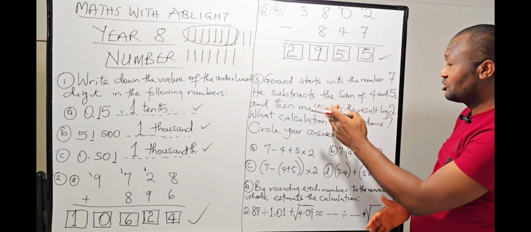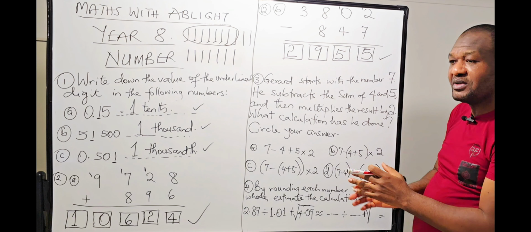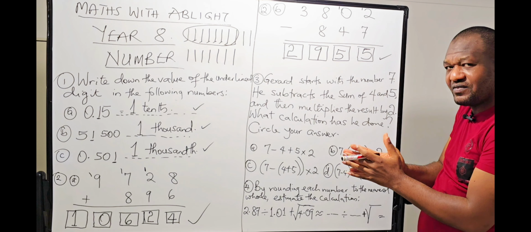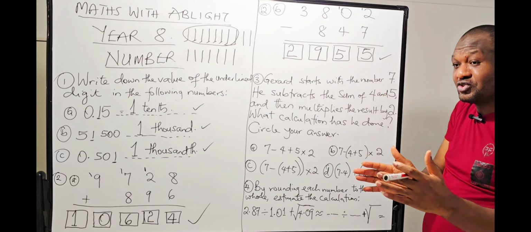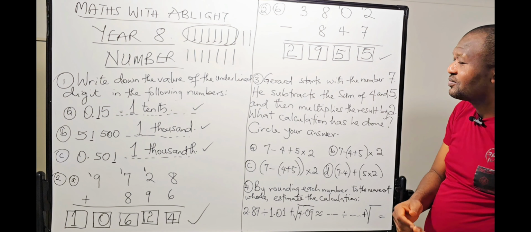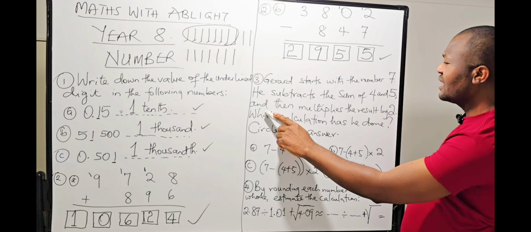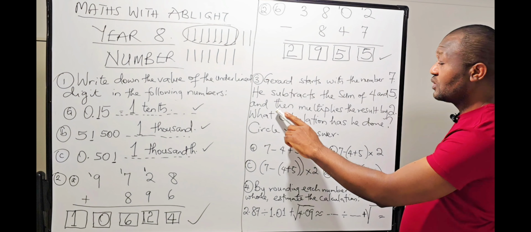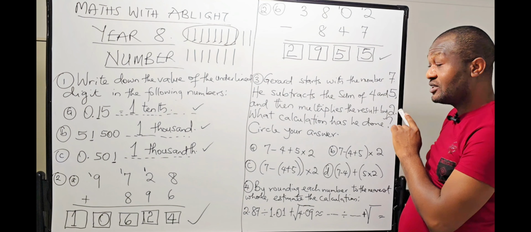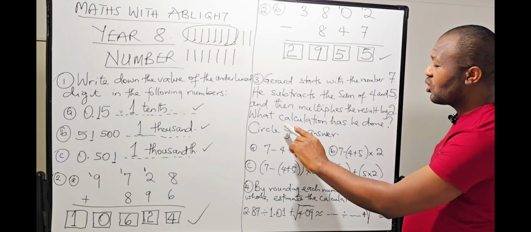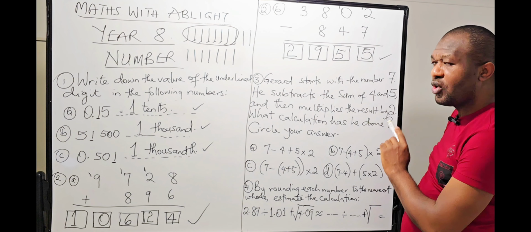He decides to subtract the sum of 4 and 5. It means you've got to get 4 and 5, the sum, which is addition. Then whatever you get, you subtract from 7. And then he will get an answer which he will multiply by 2. It now says, what calculation has he done?